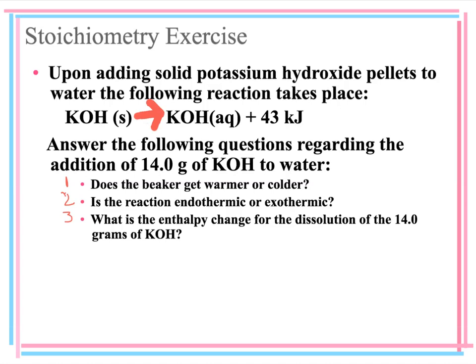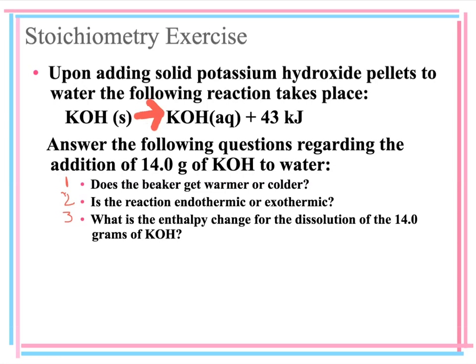And so it wants us to answer the following questions. Number one, does the beaker get warmer or colder? Number two, is the reaction endothermic or exothermic? And number three, what is the enthalpy change for the dissolution, which means dissolving, of the 14 grams of KOH? So we're actually going to answer the first two together because you kind of can't answer them separately.